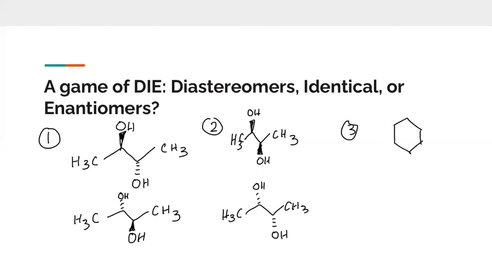Here we're introducing a ring, and this molecule. Okay, great. You want to determine whether each of these pairs is a diastereomer, identical molecules, or an enantiomer.